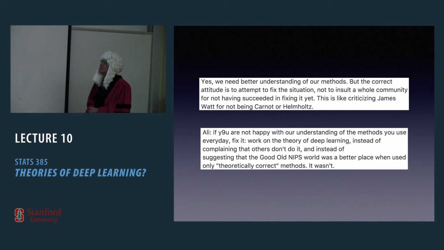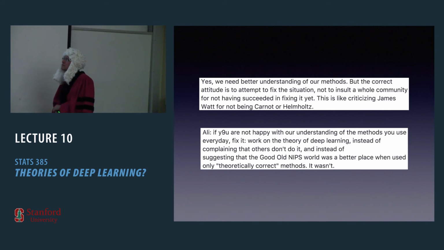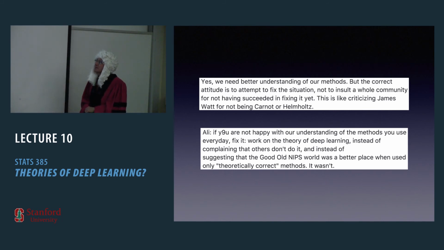This is like criticizing James Watt for not being Carnot or Helmholtz. Ali, if you are not happy with our understanding of the methods you use every day, fix it. Work on the theory of deep learning instead of complaining that others don't do it, and instead of suggesting the good old NIPS world was a better place when we used only theoretically correct methods. It wasn't.